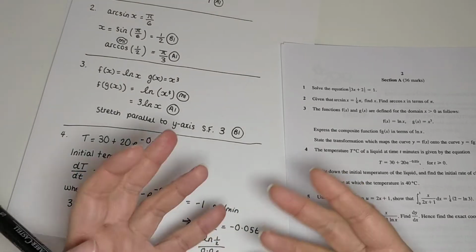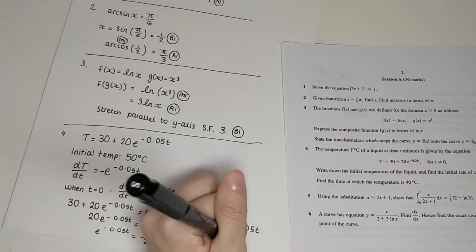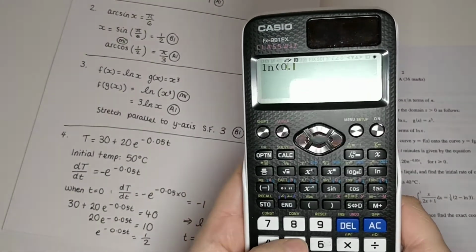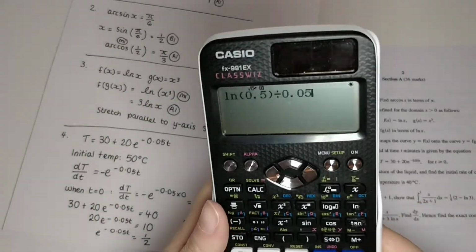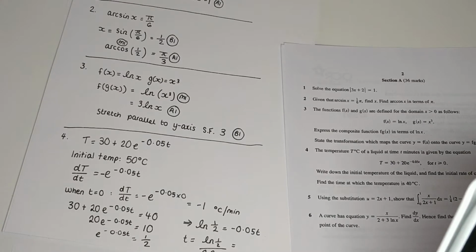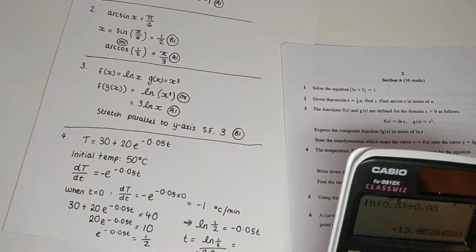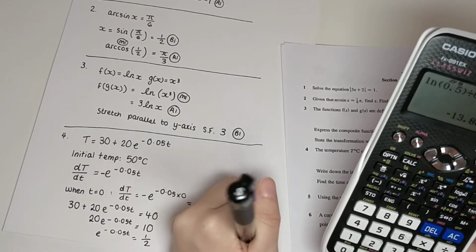Obviously, in this case, because it's like a scientific-y kind of question, they obviously want a decimal as their answer. So I'm just going to go log of a half divided by minus 0.05. Yeah, I'm wondering why I had a negative time.